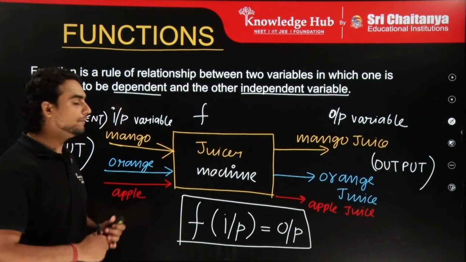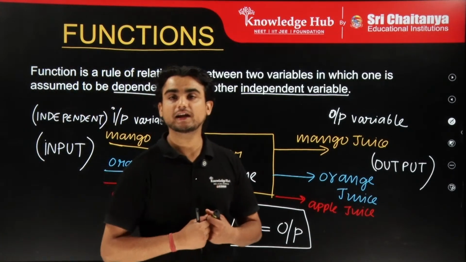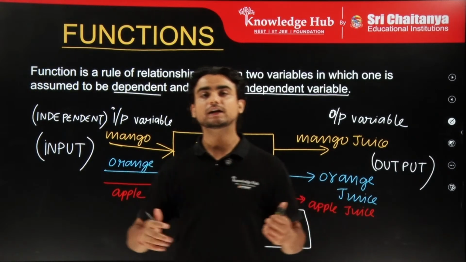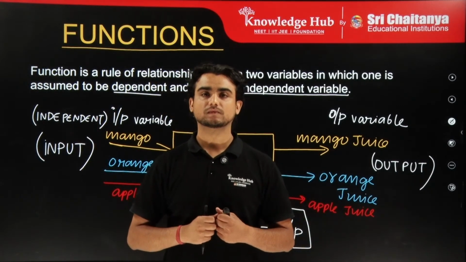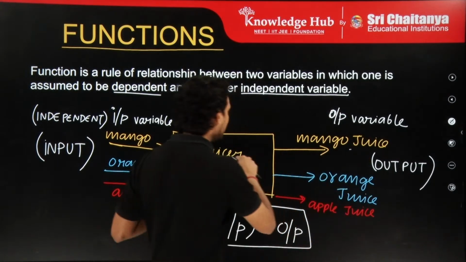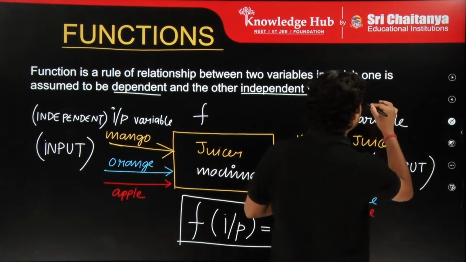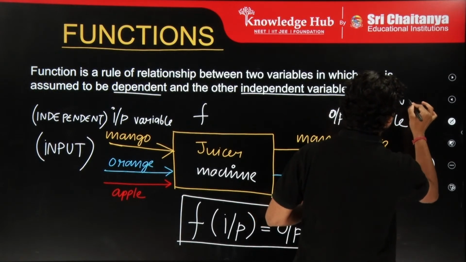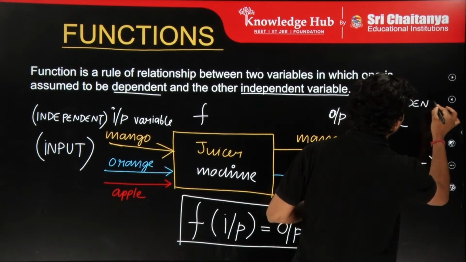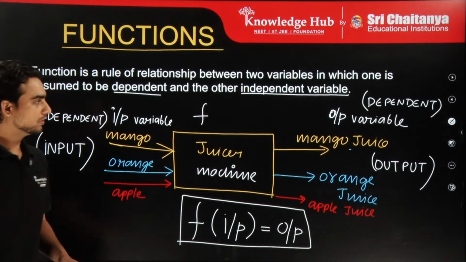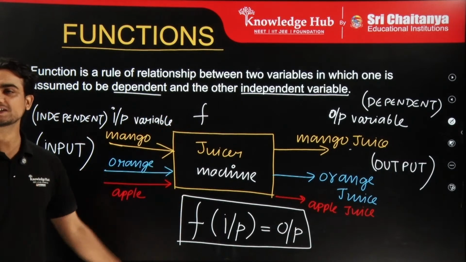So what I am trying to say here? I am trying to say that once your input is fixed, your output will depend on your input. Okay, so this output is depending on my inputs. So this is my dependent variable. Right? So now let's read the definition once again.